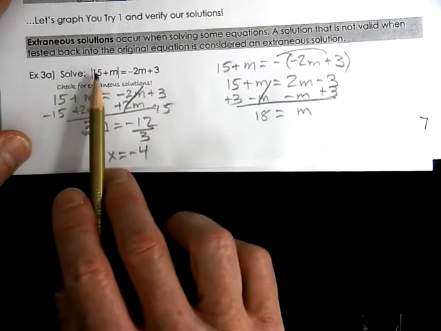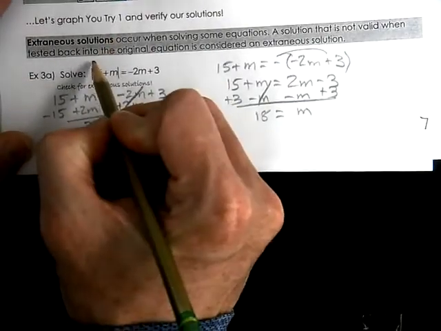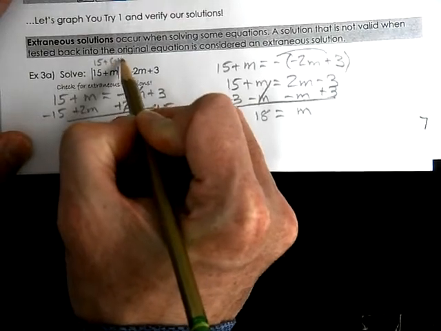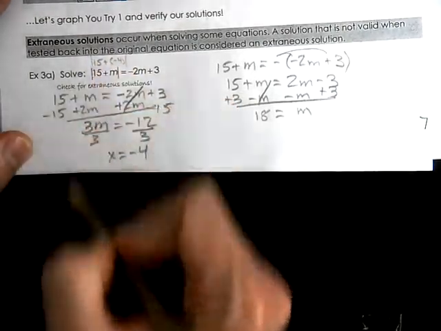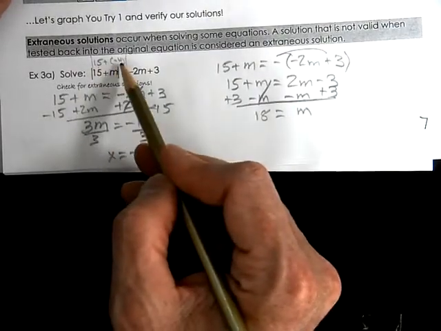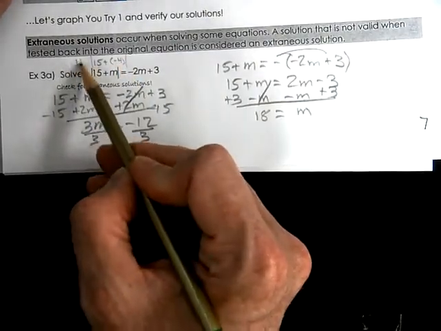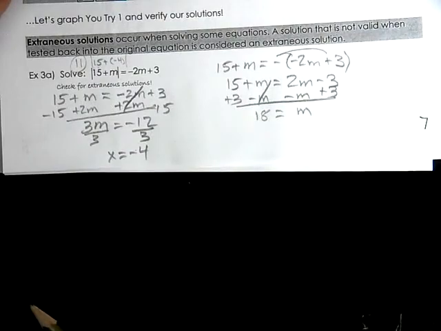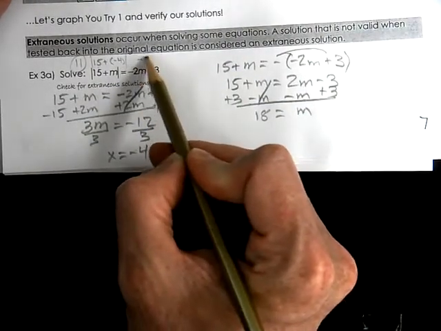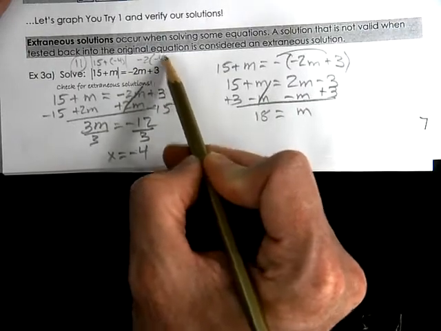So when we plug in -4, we have 15 plus our -4 in the absolute value bars. Well, that's the same thing as 15 minus 4, so that gives us the answer of 11. On this side, we'd have -2 times -4.